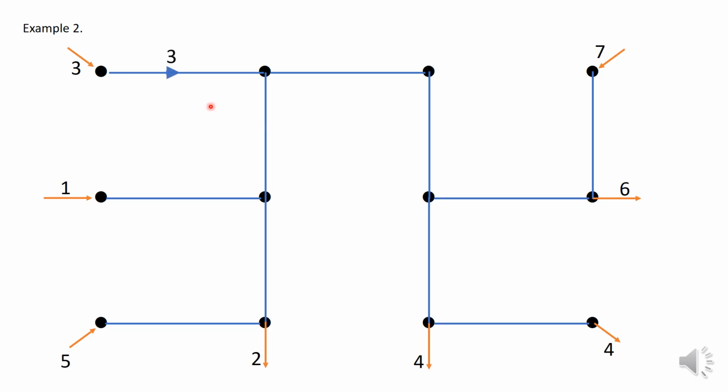So if we start with this vertex, 3 is entering the network, so 3 units must flow along this branch. Let's look at this node here. 1 is entering the node, so 1 unit must flow along this branch.